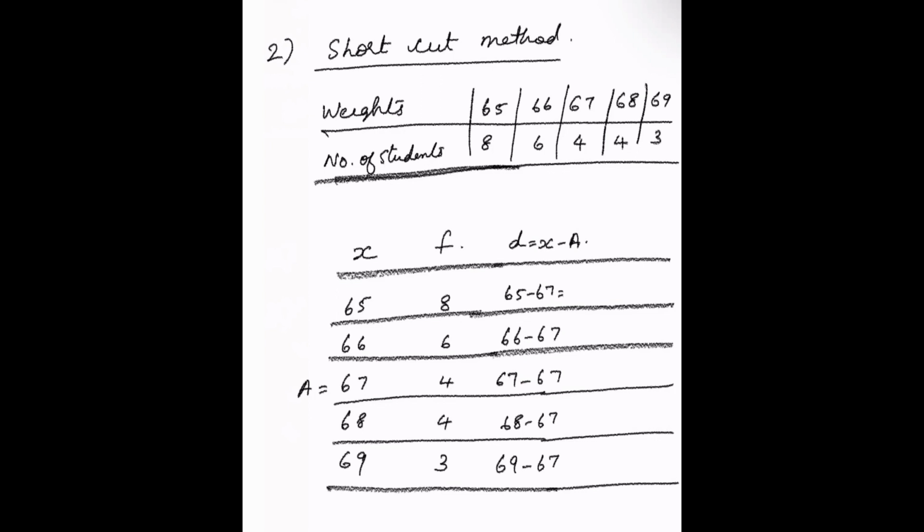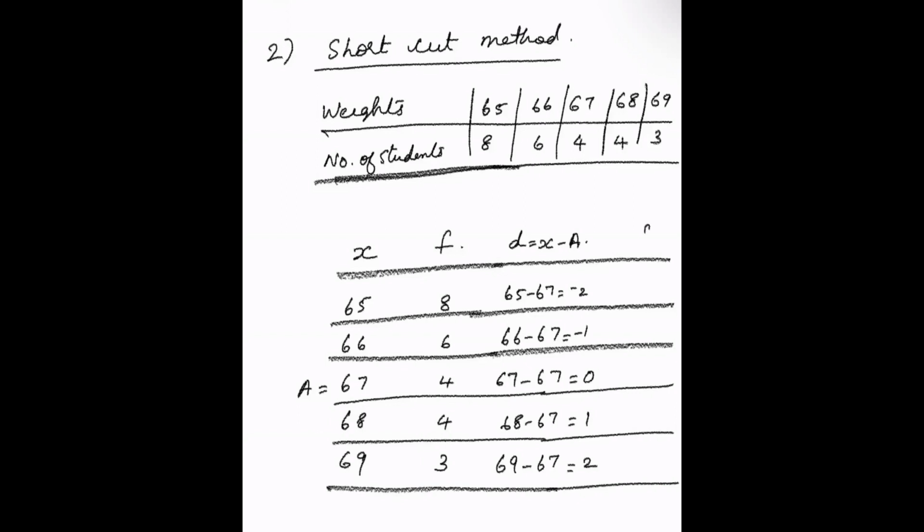So now the numbers have become really small. Look at the numbers. -2 here. Here -1. Here it is 0. Here it is 1. Here it is 2. So my new X minus A has become really small. Now multiplication, don't you think it's very easy? -2 into 8, -1 into 6. That becomes very simple.